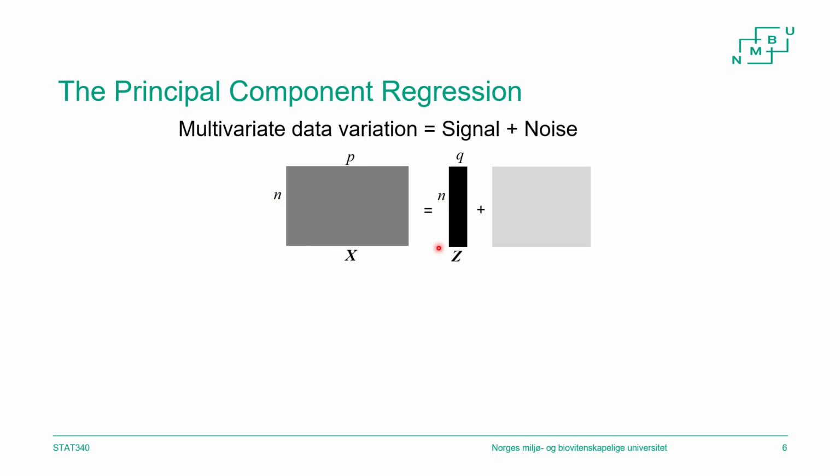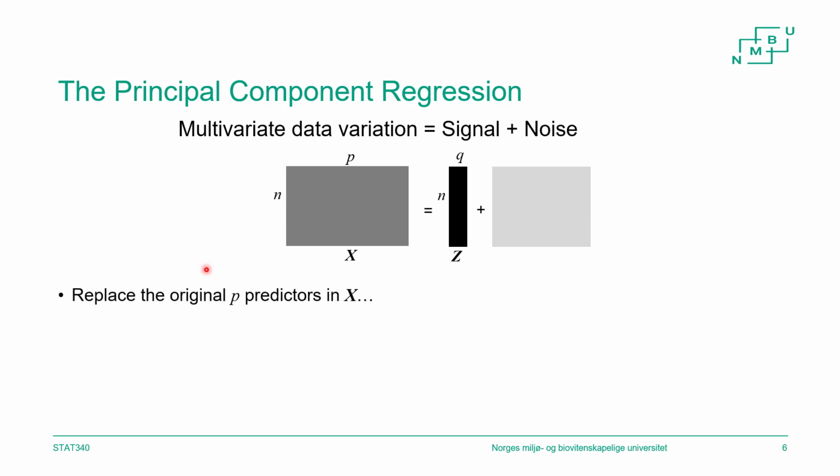Then we look for a small number of principal components, Q, which we put into this score matrix that we call Z. Notice this Q is much smaller than P. When we did the plotting, we only collected 2 columns, but let's say it's 3, 4, 5 columns. If P is like 1,000 columns, Q is much smaller. And then you have some noise here, the rest, you could say.